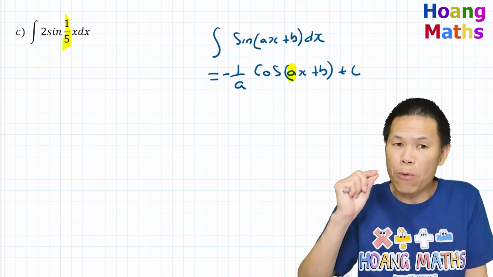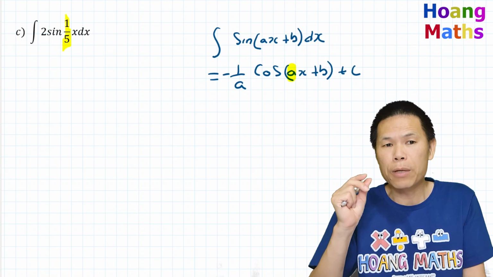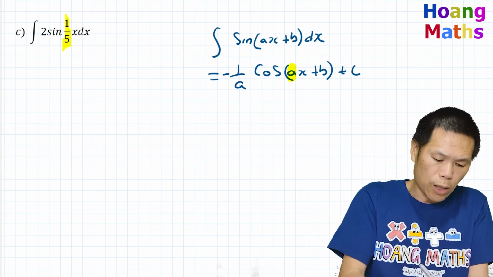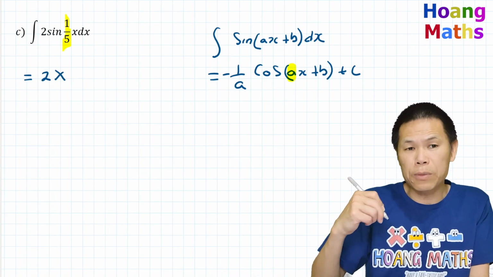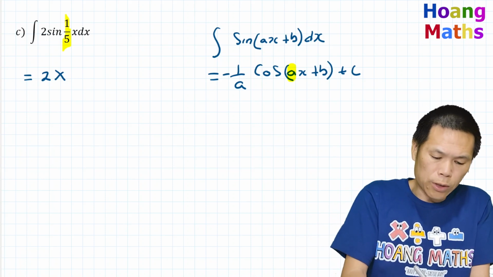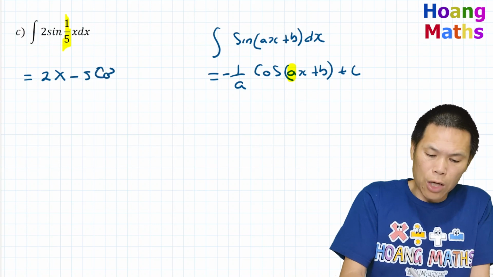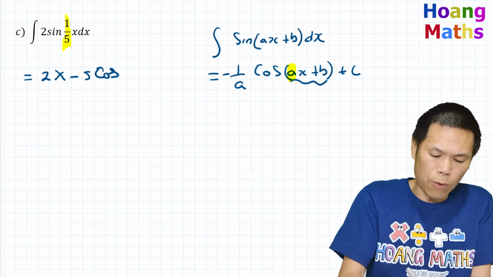So if we divide by 1/5, we flip the fraction and it becomes times 5 instead of divided by 5. And the 2 is a constant. So we times by 1 over a, which becomes 5, because we flip the fraction, remember. And of course it's negative 5. And then sine becomes cos of ax plus b. b is 0. So we just write 1/5 of x and add a constant.